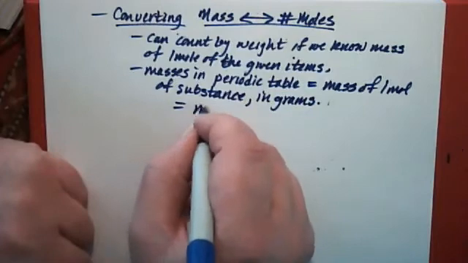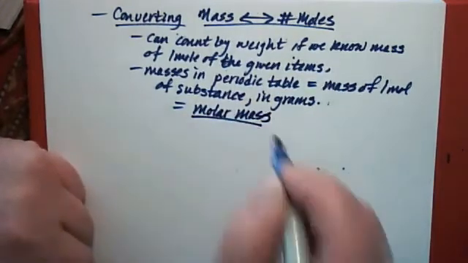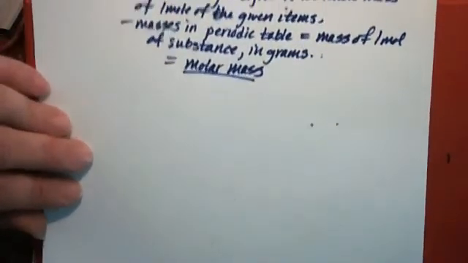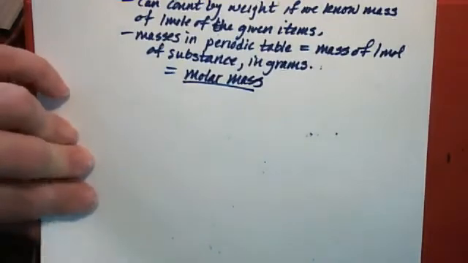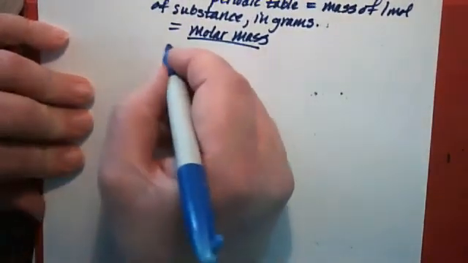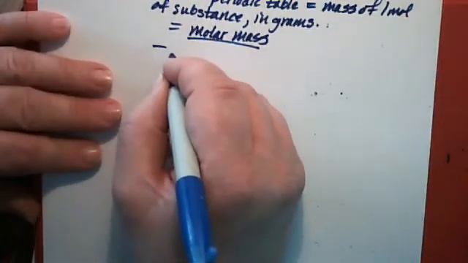And this is known as the molar mass. Molar mass just means the mass of 1 mole. And the formal statement of what molar mass is goes like this.